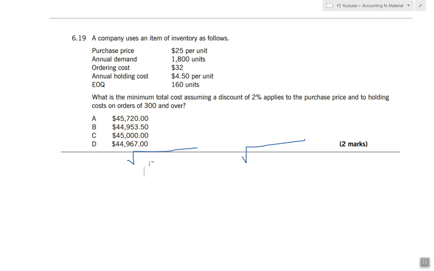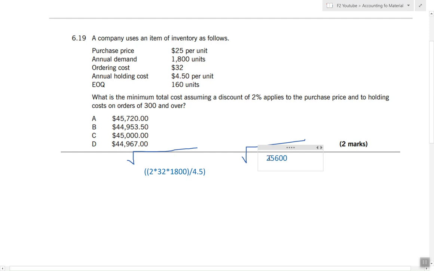Even though EOQ is given, but just for practice, I will calculate it again. So we have 2 multiplied by 32 multiplied by 1800 divided by CH 4.50. So that becomes 25,600.